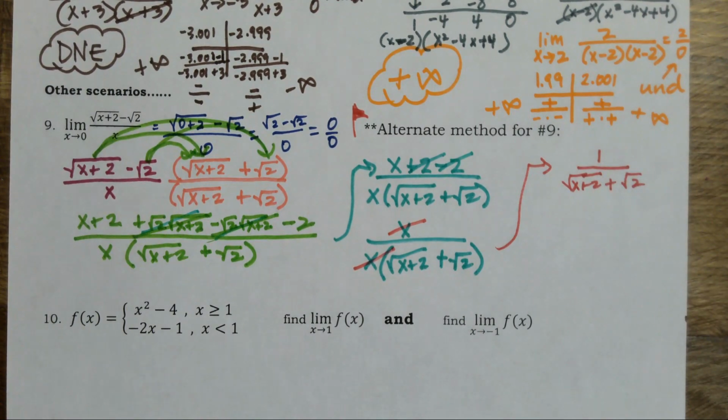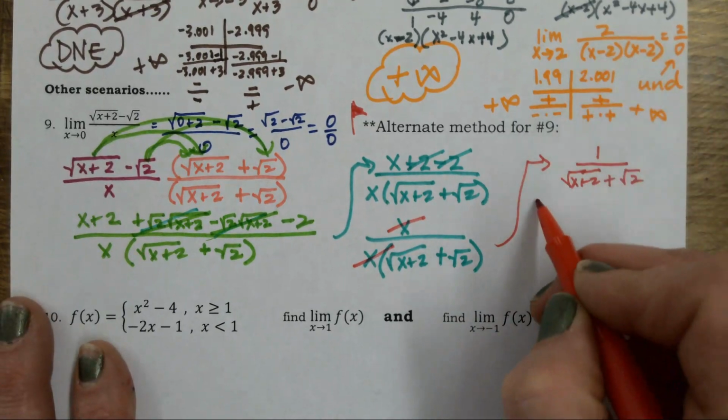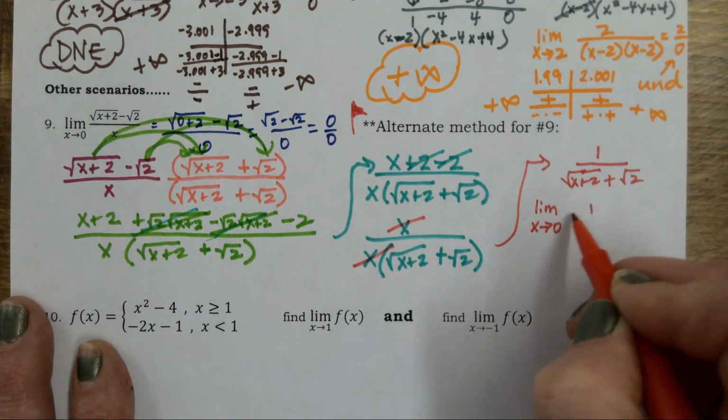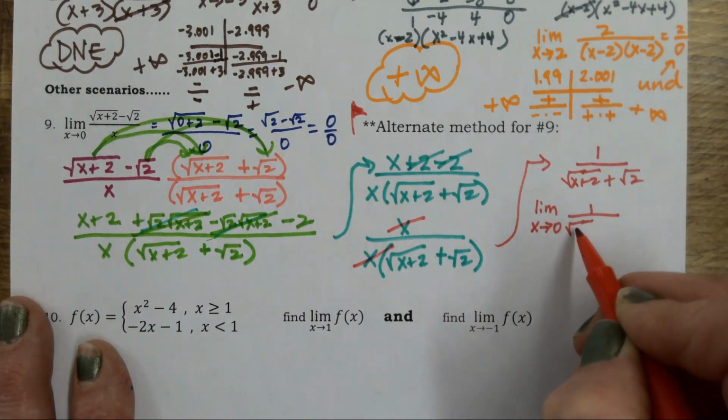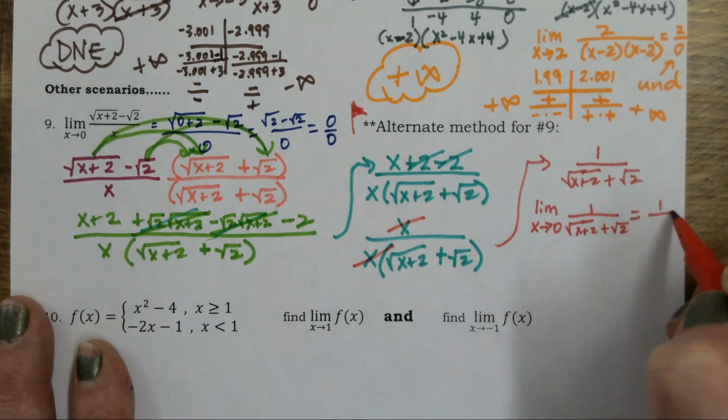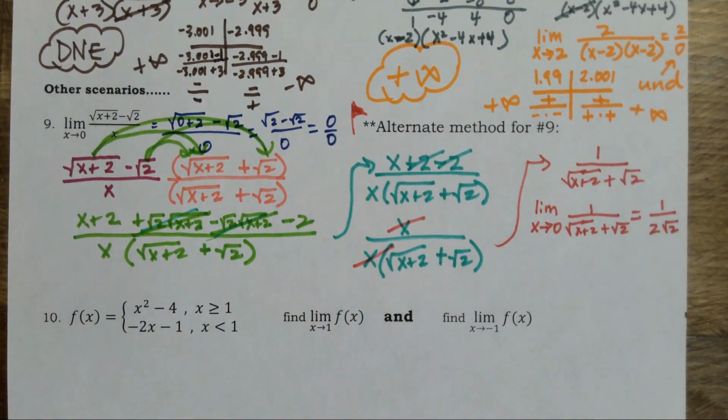Kind of a little bit scary and complicated, but just apply the conjugate. It'll cross off the problem. Then I'm going to redo the limit. And I end up with 1 over 2 square roots of 2.